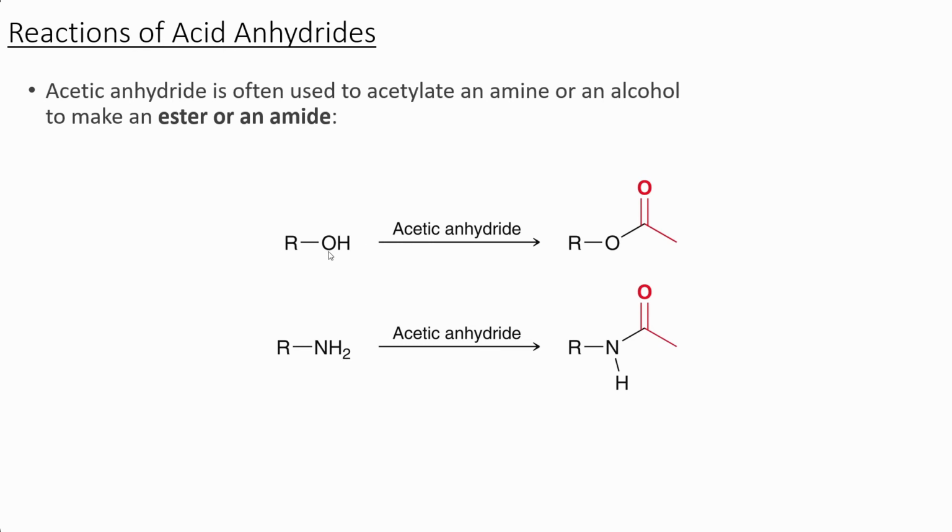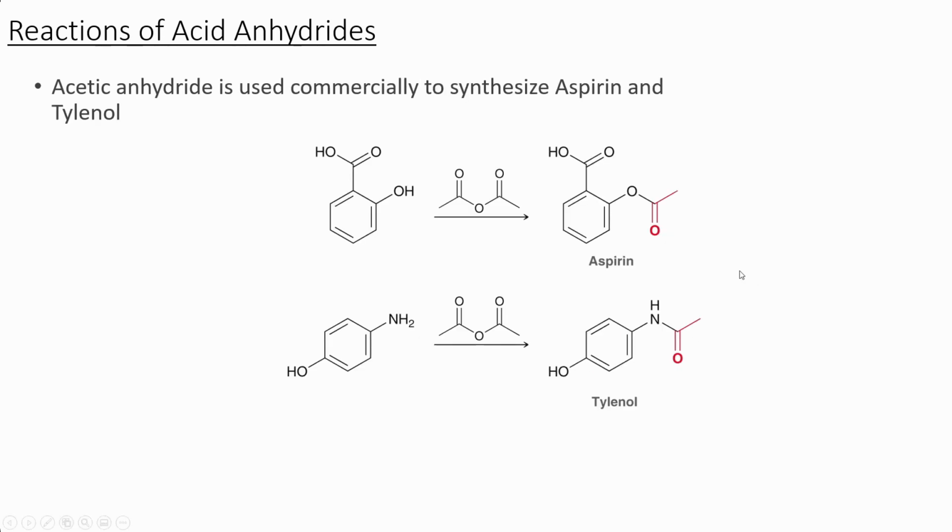And this conversion will take the alcohol to the ester and the amine to the amide. The synthesis of aspirin and Tylenol on a commercial level uses acetic anhydride as a common reagent to form these acetyl and amide groups.